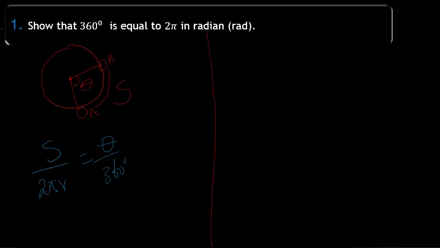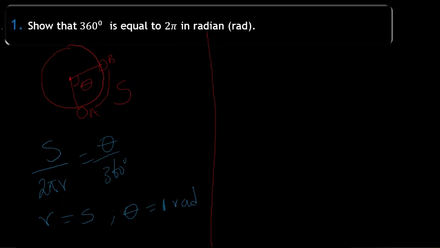Now we know that once r becomes equal to S, then theta will be equal to 1 rad. By definition, you have 1 rad when r is equal to S.